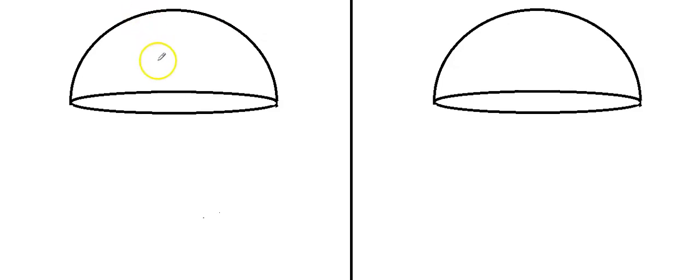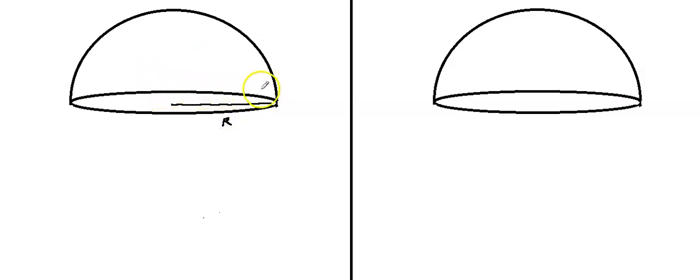So the hemisphere is basically, if you can imagine this, what you get when you stack several disks of different radii together. You have one disk of radius r at the bottom.